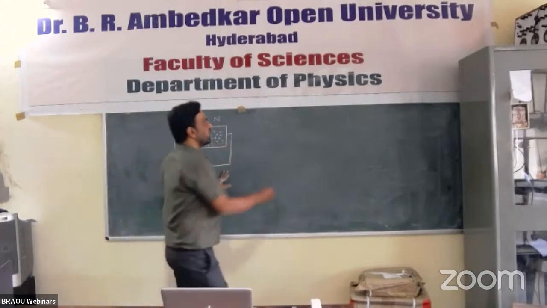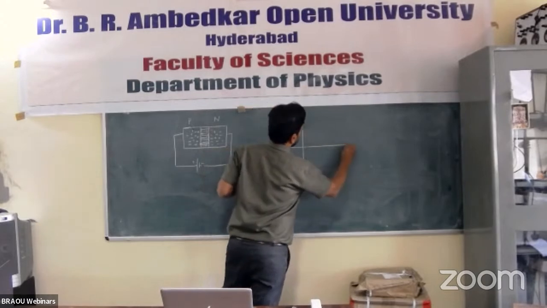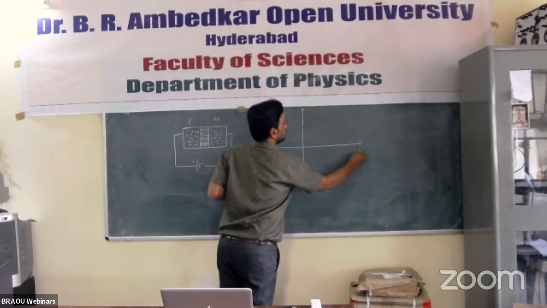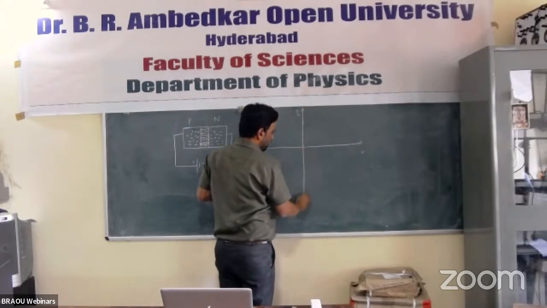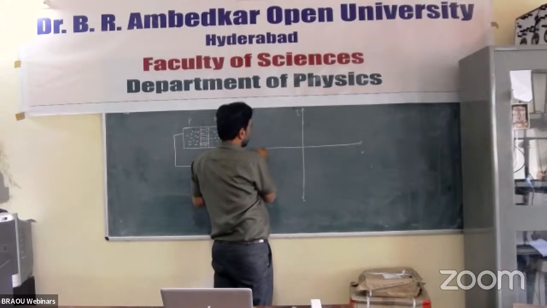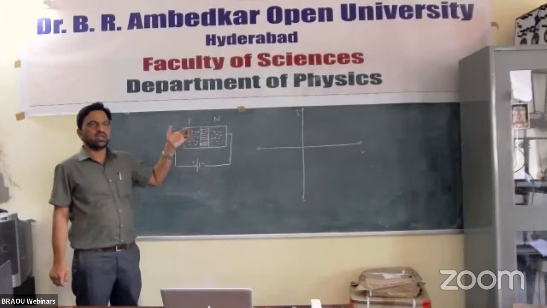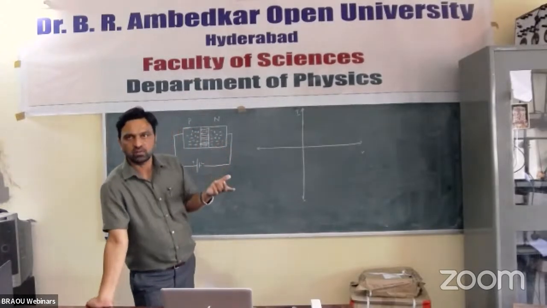So if you see the VI characteristics of this PN junction diode, this is the voltage and this is the current. Again, this PN junction diode can be made up of different semiconductors like germanium or silicon.